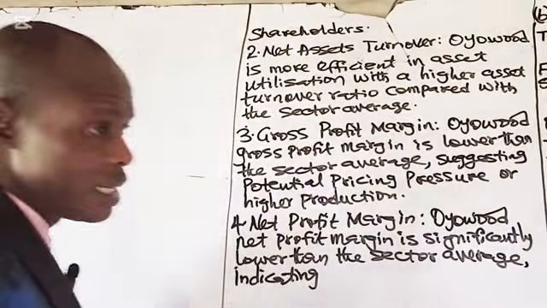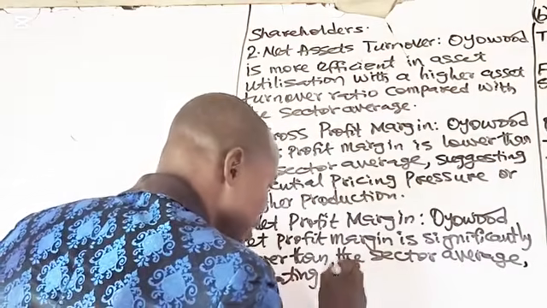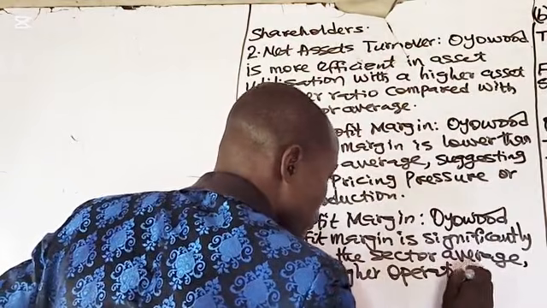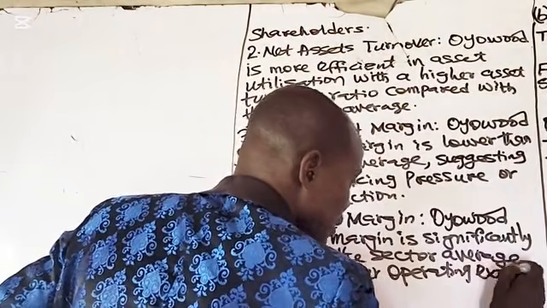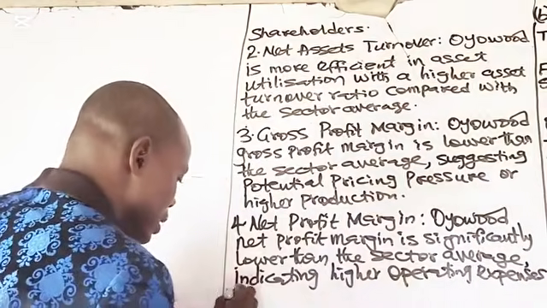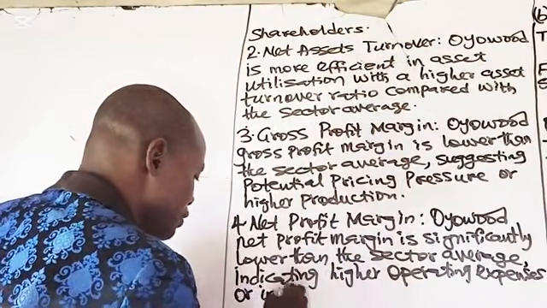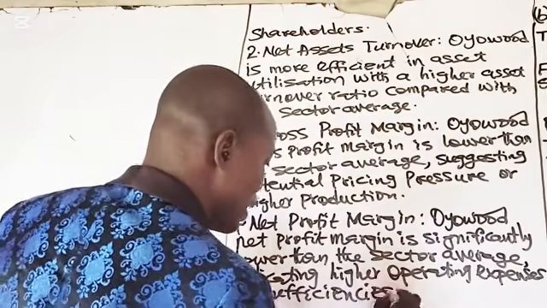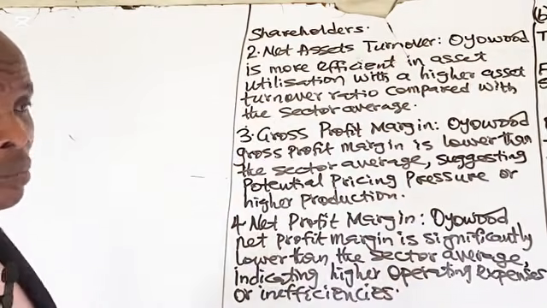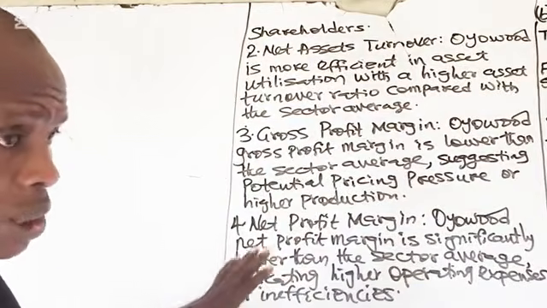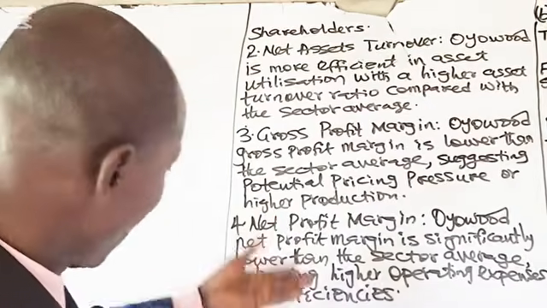It is indicating higher operating expenses or inefficiencies. So it implies that the management are not efficient in their cost control. So that is what this implies.